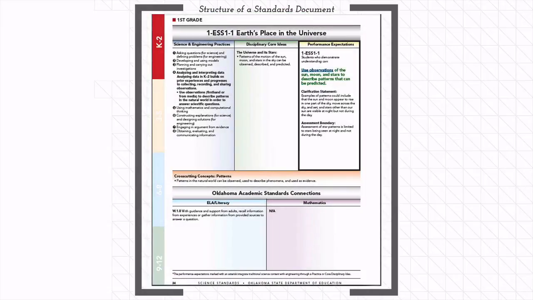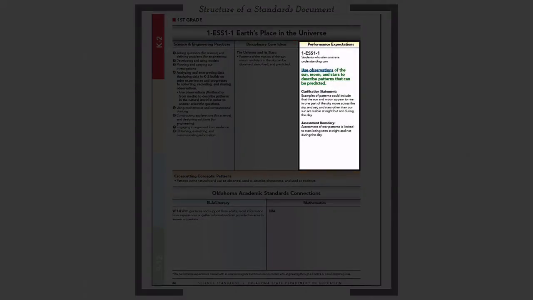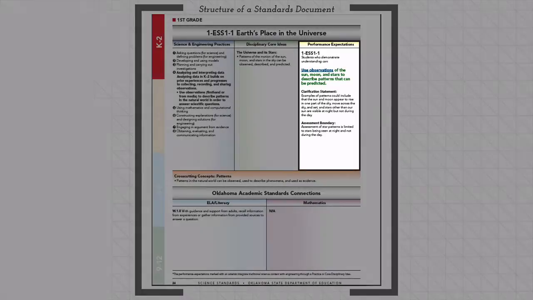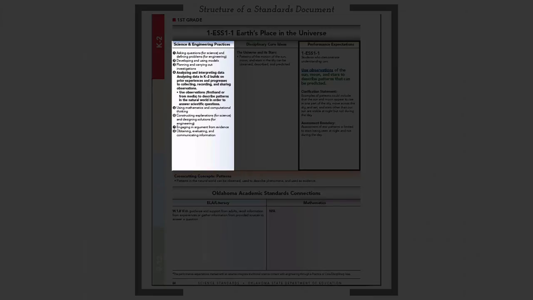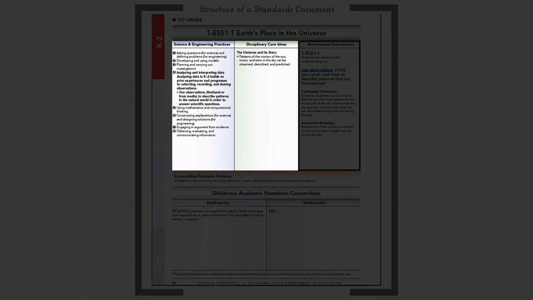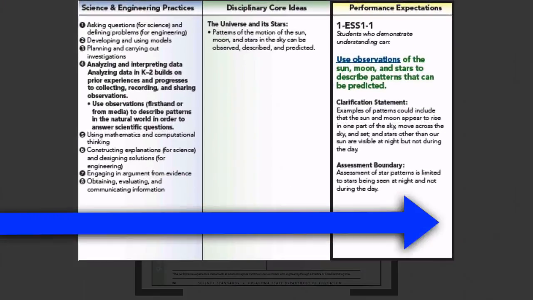The reason we see the performance expectation on the far right of the document is to provide a reminder to teachers that the performance expectation or standard is the end goal. This is what students should be able to do. To get students to this end goal, we would want to start with what students should be doing in science, represented in the blue column, connected to the content of science in the green column, to get to the end goal of the performance expectation.